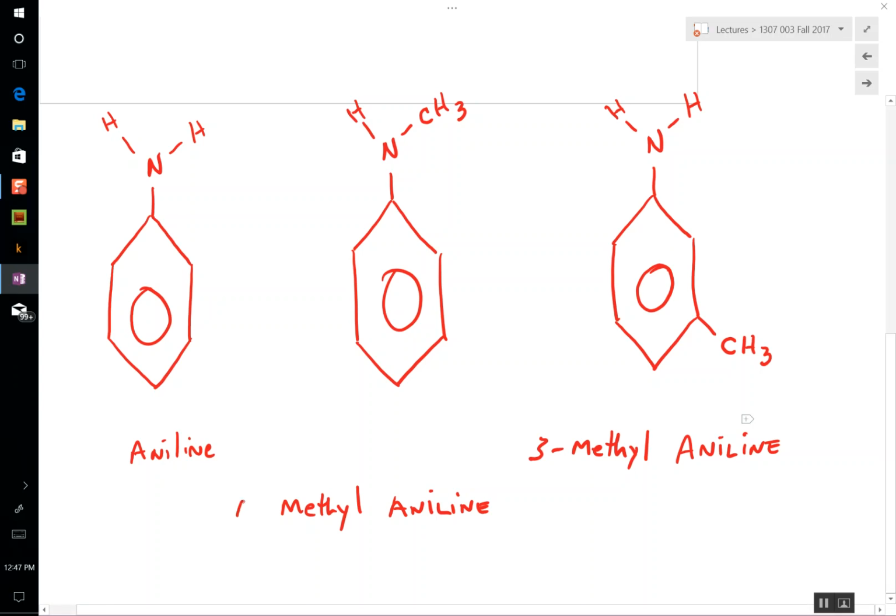No, we're going to use an N instead of a number. It's N-methylaniline. So it's actually telling us the methyl group is on the amine. It's on the amine functional group that's on that molecule. It's N-methylaniline.